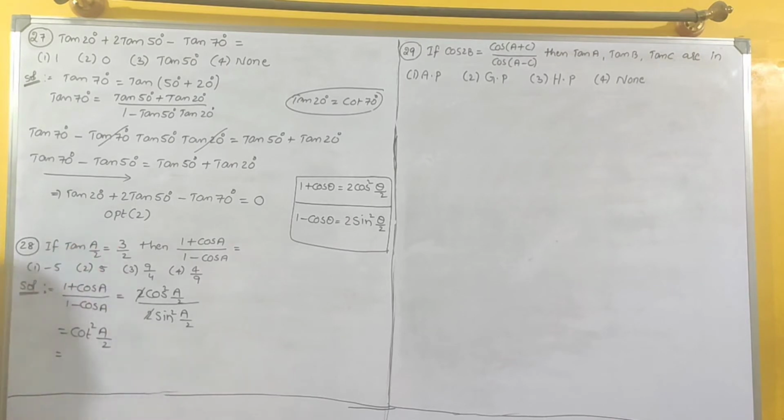Tan value we know. Tan value how much? 3 by 2. If tan value is 3 by 2, cot value is the reverse, that is 2 by 3 whole square. 2 by 3 whole square is nothing but 4 by 9. So option 4 is the correct answer for question number 28.